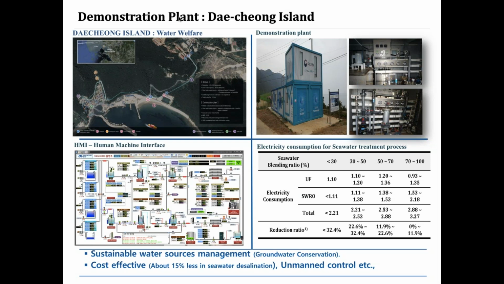This so-called blending process then starts. The cost is dependent on the blending ratio among different sources. Now we are preparing guidelines for optimal blending ratio among different sources and a program estimating available water intake.